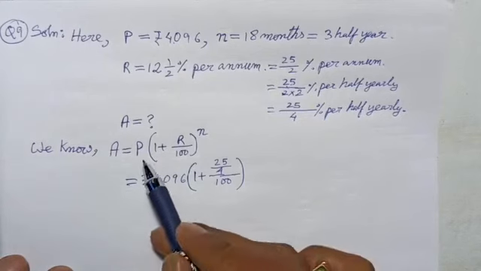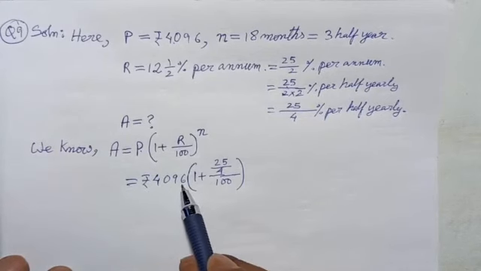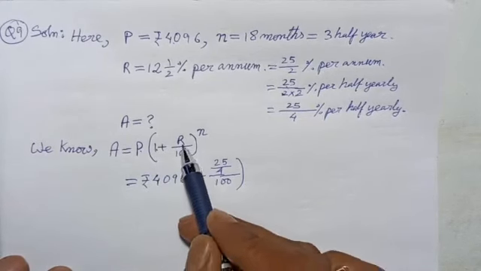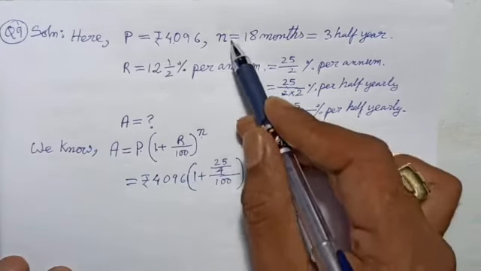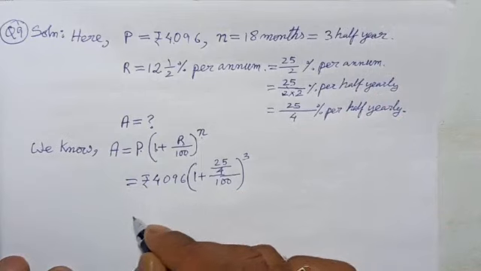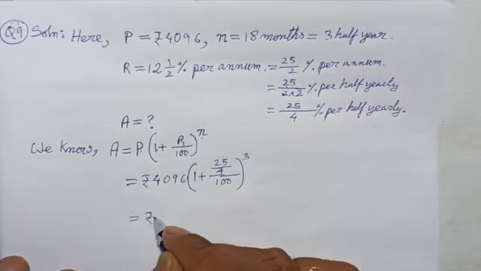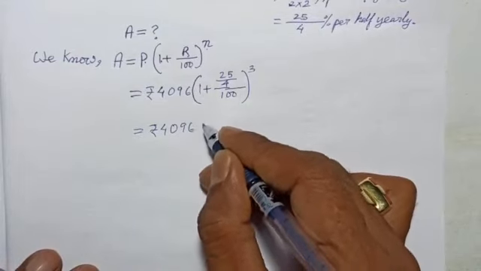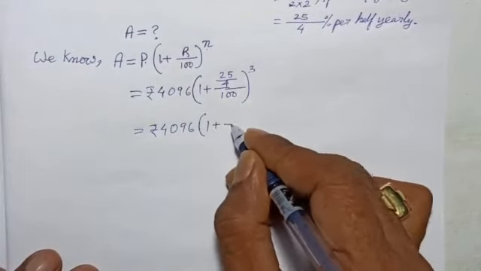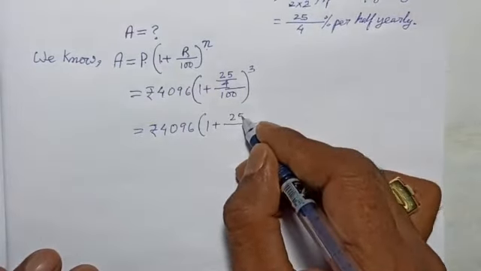So principal is rupees 4,096, and 1 plus rate is 25 by 4 by 100, and n is 3. Now next steps. Rupees 4,096 into 1 plus 25.